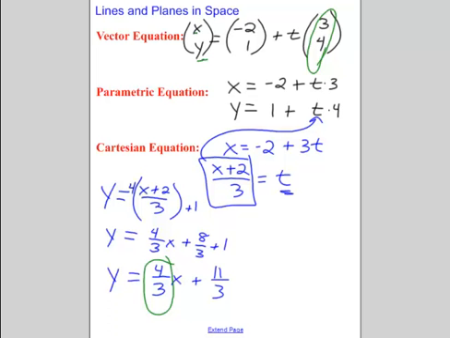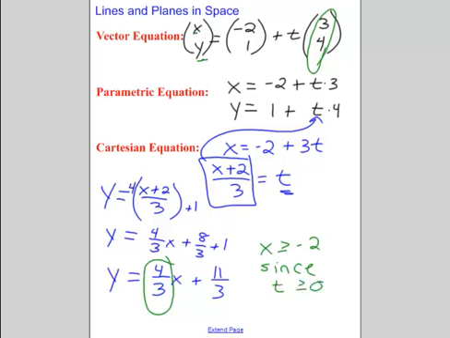The only other thing that we should also denote here is that our x value has to be greater than or equal to -2. Only reason we have to say that is because the time that we're looking at has to be greater than or equal to 0.